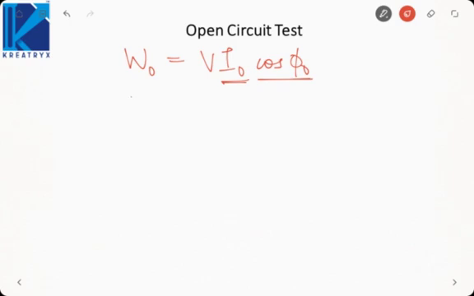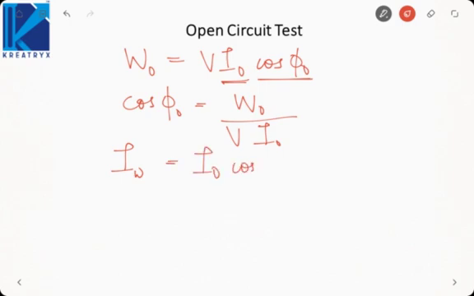So from here I can calculate cos phi0, because we have the wattmeter reading W0, voltmeter reading V, ammeter reading I0. Then I can calculate IW, which is I0 cos phi0. Similarly, we can calculate I mu, which is I0 sin phi0.